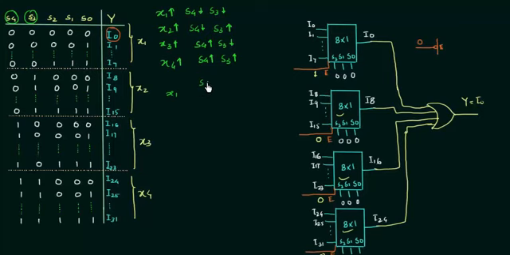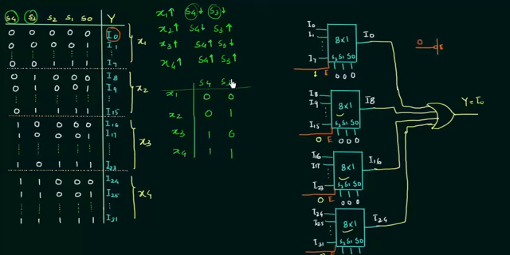x1, S4, S3: 0, 0. S4 is low, S3 is low. For x2, S4 is low, S3 is high. For x3, S4 is high, S3 is low, and finally for x4, S4 is high as well as S3.